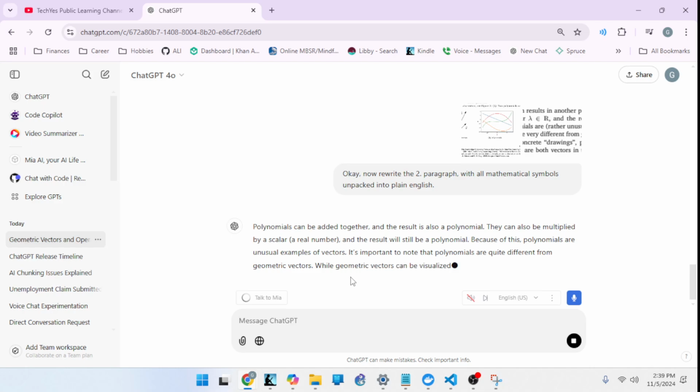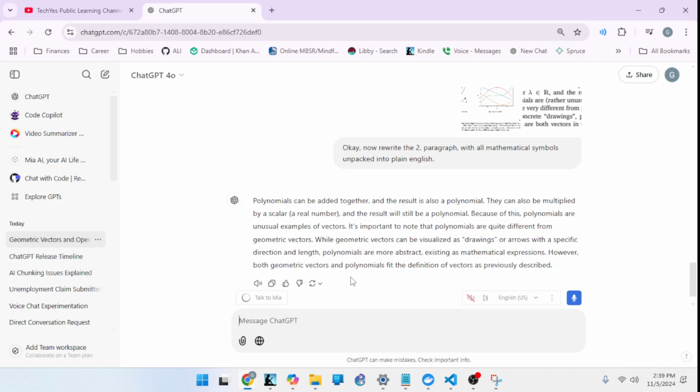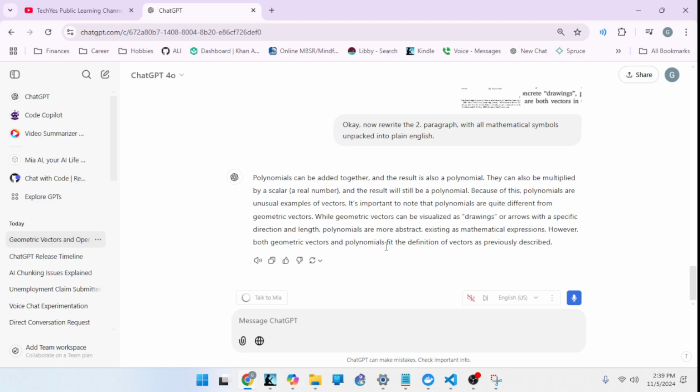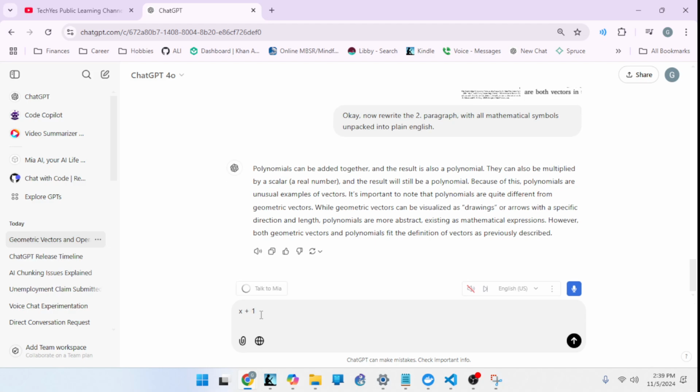All right, so polynomials can be added together, and the result is also a polynomial. They can also be multiplied by a scalar, a real number, and the result will still be a polynomial. Because of this, polynomials are unusual examples of vectors. So if we have two polynomials here, the first one is x plus 1. Now we don't know the value of x, so we can't express it as a single number. We have to express it as a polynomial. We have another polynomial here, and we could also use y if it's a different one.